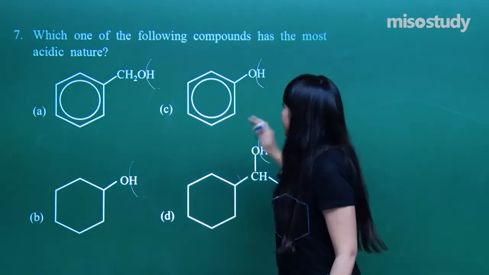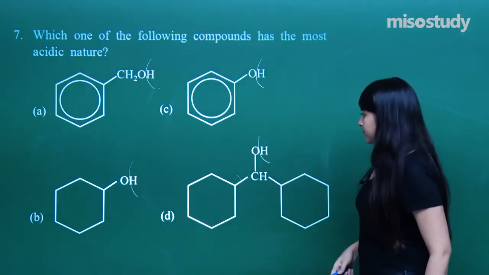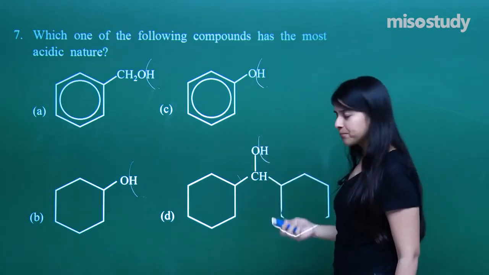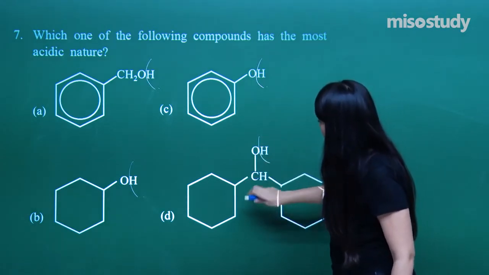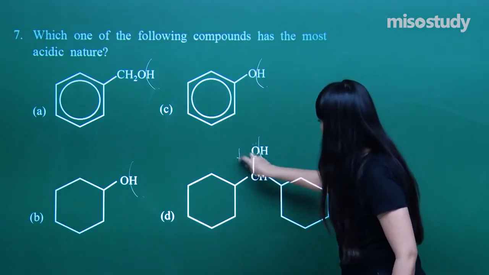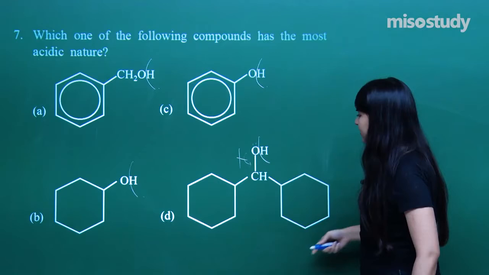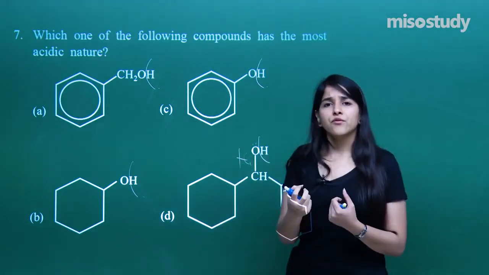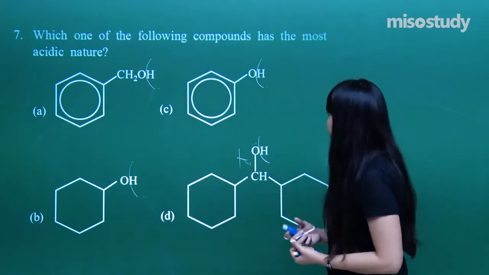Now, if I take up this option, can this H plus go off easily? There is nothing attracting the electrons of this oxygen. There is nothing involved over here. These are simple cyclic rings, and there is no such withdrawing effect of these cyclic rings.